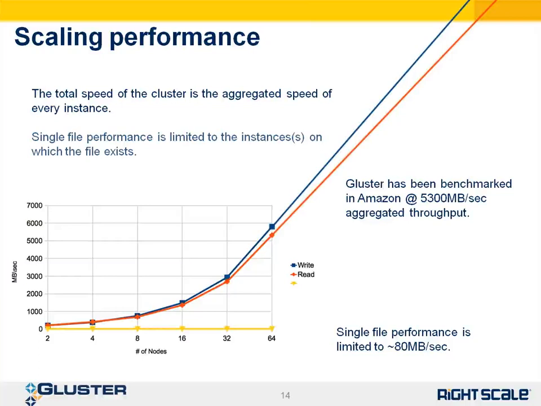That 5,300 megabyte per second number came out of a set of tests we ran, and we have a document that everybody can get access to for these tests, where we created a Gluster cluster in Amazon of 64 instances. 64 instances times 80 megabytes per second is 5,300 megabytes per second. We've done lots and lots of testing. We have lots of experience here. But 5,300 megabytes per second is 64 instances, each instance operating at about 80 megabytes per second.